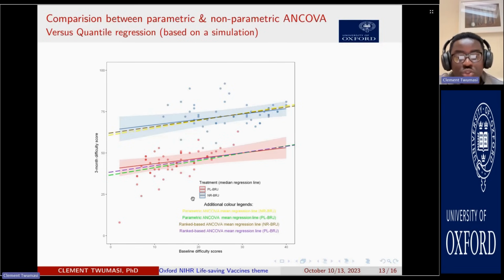Here what we decided to do was to compare 3 types of model. I fitted a parametric ANCOVA. Remember, ANCOVA is when we are trying to look at how a certain outcome variable varies between some categorical variables whilst adjusting for the effect of other variables.